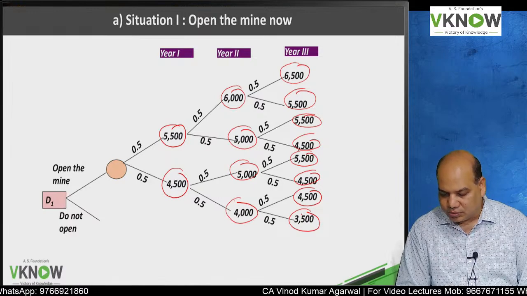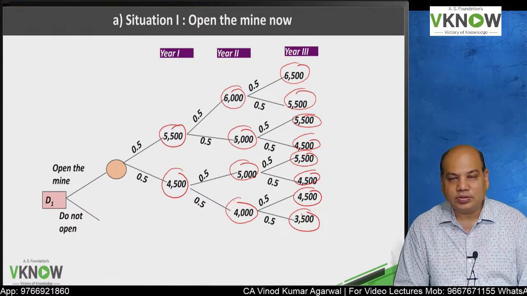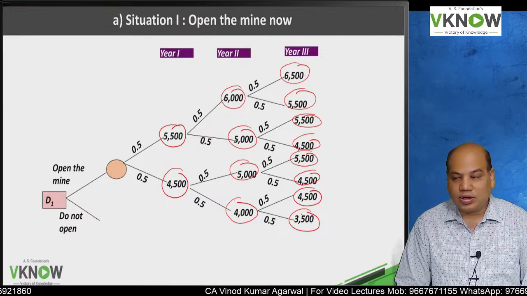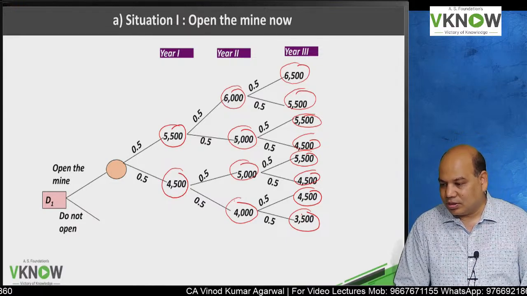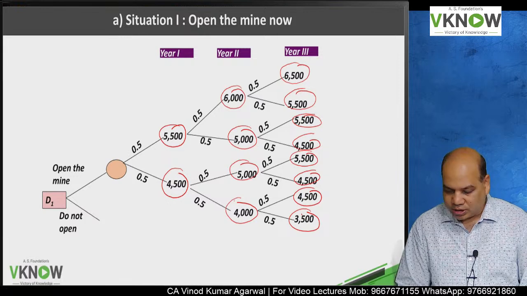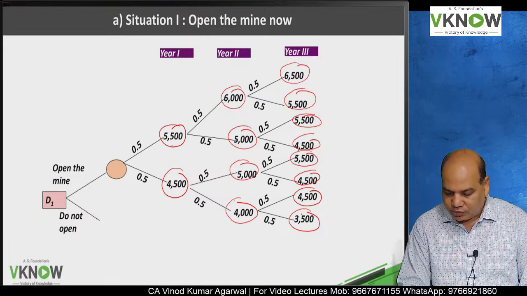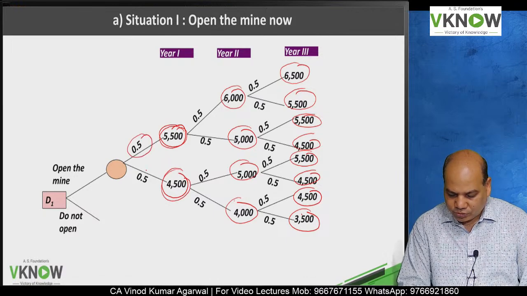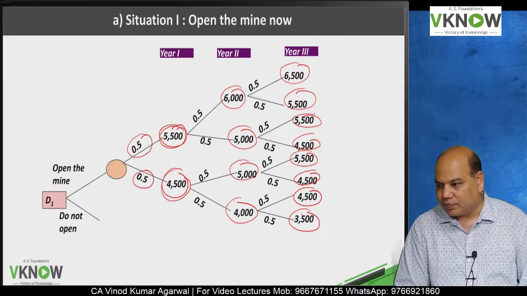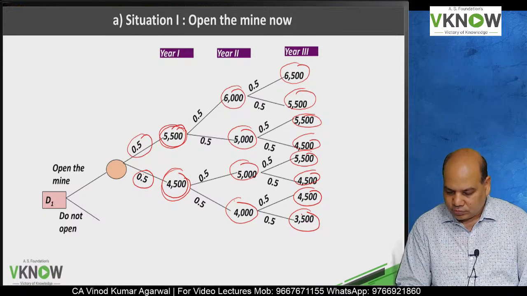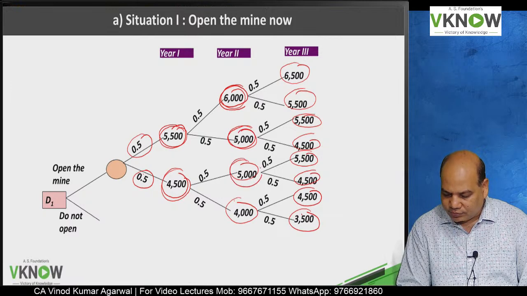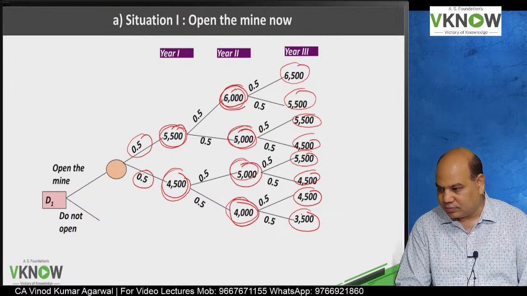So first we'll find out the expected price in year 1, year 2 and year 3. If you look at 5,500 and 4,500, there is a probability of 0.5, 0.5. But what about the probability of 6,000, 5,000, 5,000, 4,000?